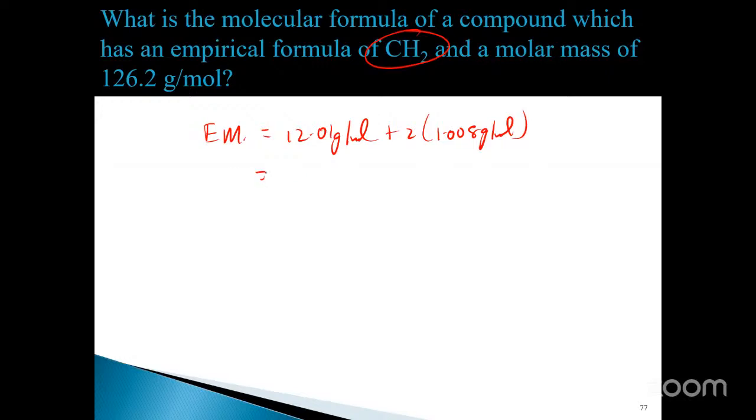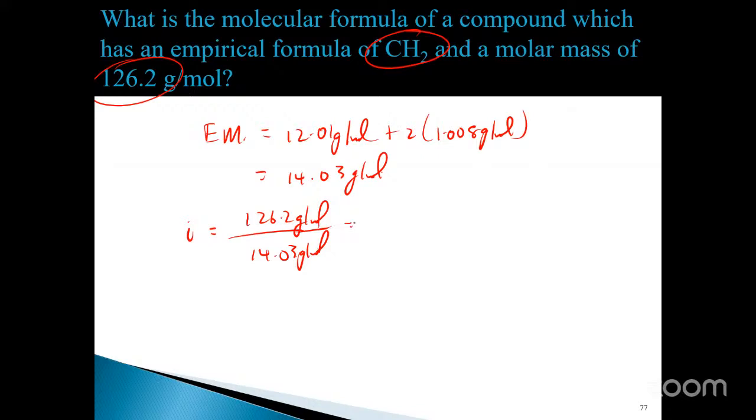So when we work that out, we do this here, 12.01 plus 2 times 1.008, and according to my calculations, this works out to be equal to 14.03 grams per mole, right? So to find I, that would be equal to the molar mass, which is given here, 126.2 grams per mole, divided by 14.03 grams per mole. And let's see what that gives.